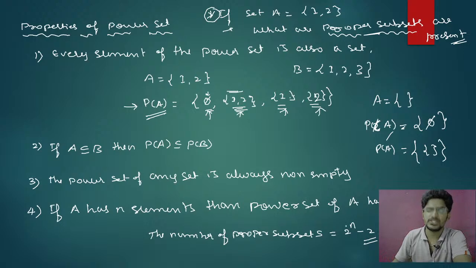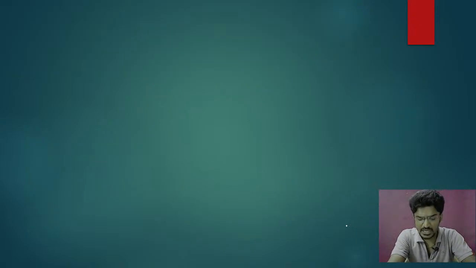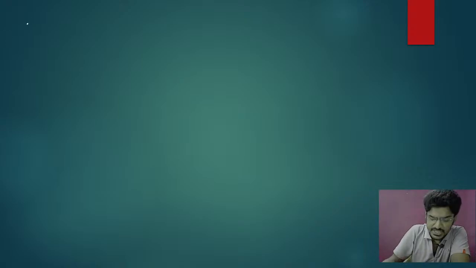So here 4 minus 2 is 2. Clear? Okay. So I think you understood these 4 properties. Still there are some more important properties. I think it is the fifth one, okay.